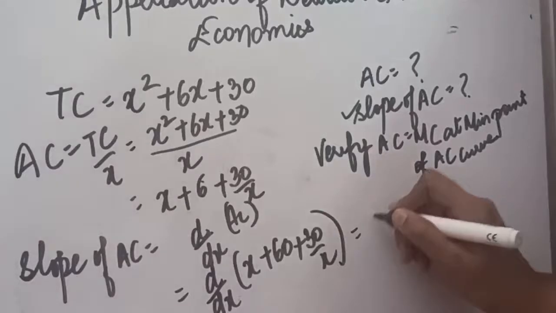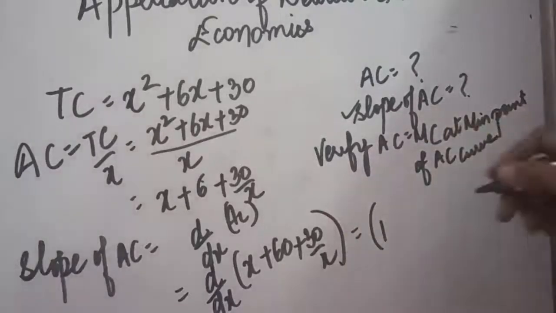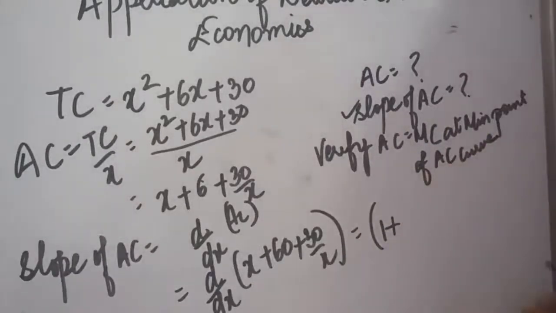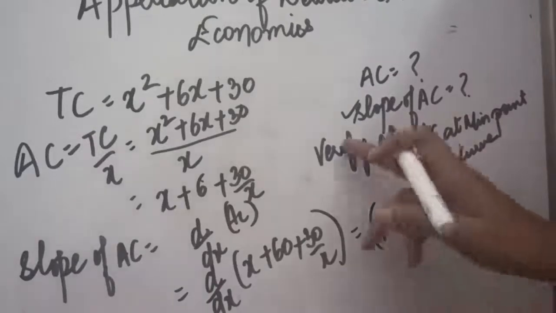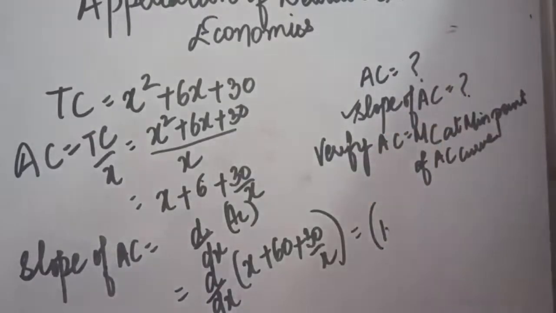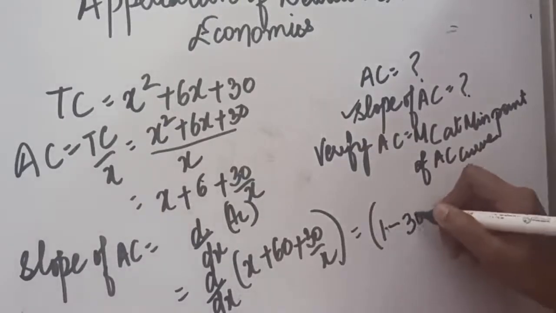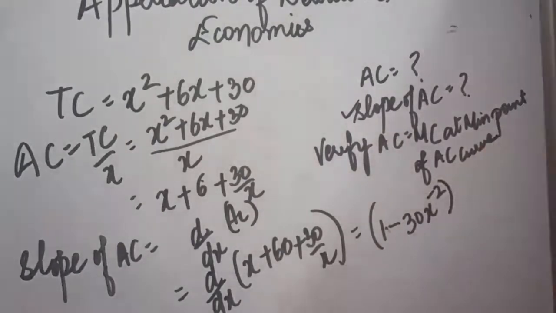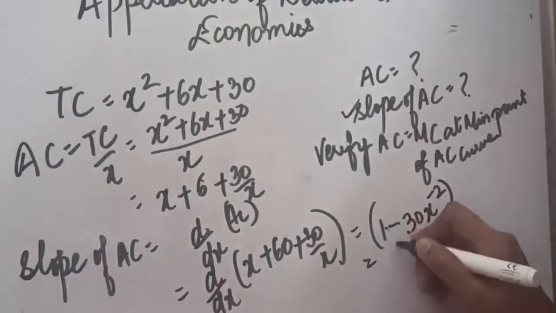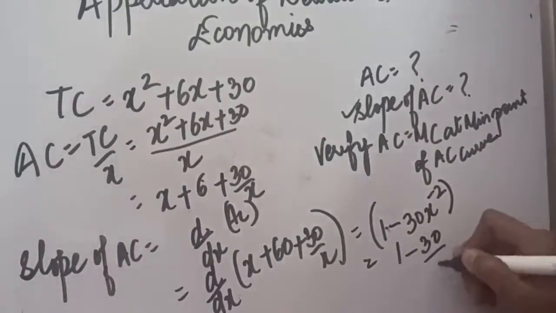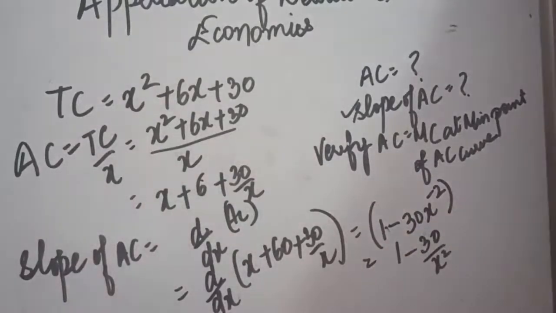The derivative of x is 1, the derivative of 6 is 0, plus 30 with x power minus 1 gives minus 30 x power minus 2. So it is 1 minus 30 over x square.